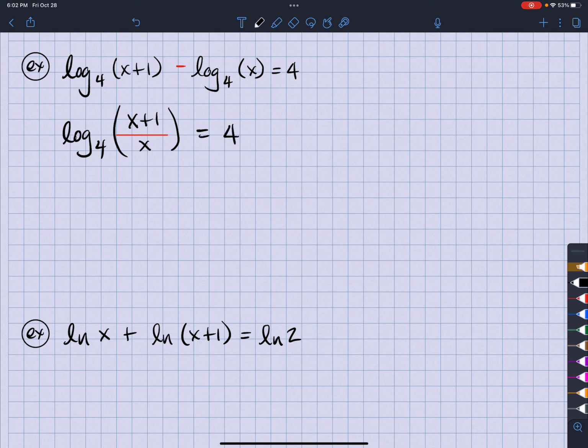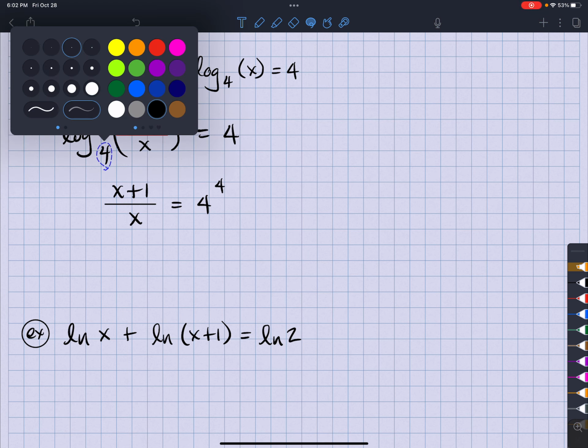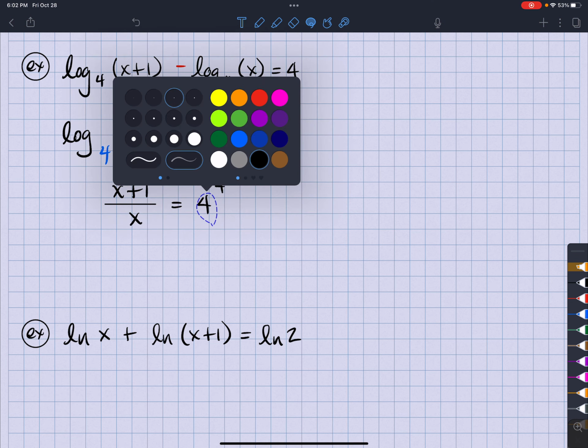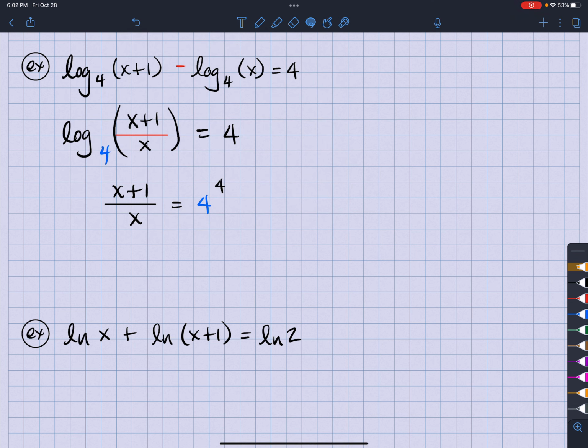Now I can convert this to exponent form. I don't want to be a base anymore; I'm going to be the base on the other side. So I'm going to have x plus 1 over x equal to 4 raised to the 4th. Let me change this to blue, and this to blue, because those are the 2 that are the bases.